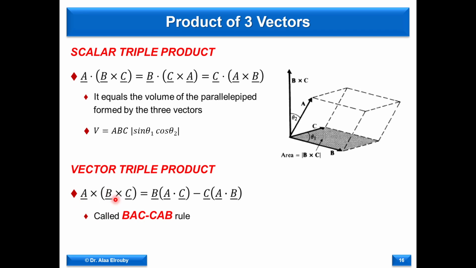So this relation, A cross B cross C between brackets, would equal B multiplied by A dot C. A dot C is a scalar, B is a vector, so this term is a vector, minus C multiplied by A dot B, which is a vector multiplied by another scalar quantity. So the right hand side is a vector, and of course the left hand side is another vector. This relation is called the BAC-CAB rule. You don't need to memorize this, but you need to know about it.